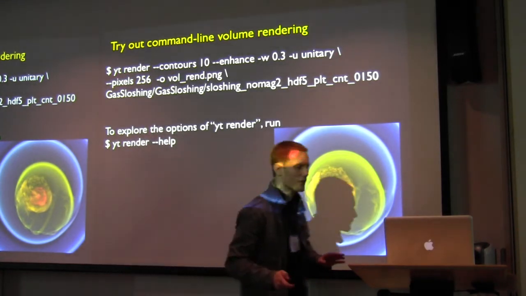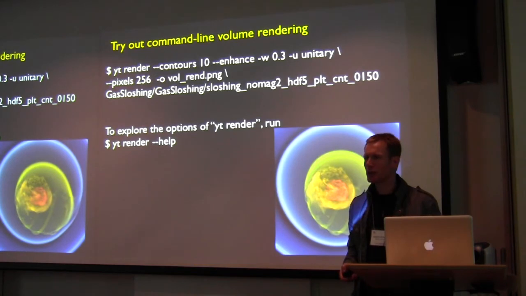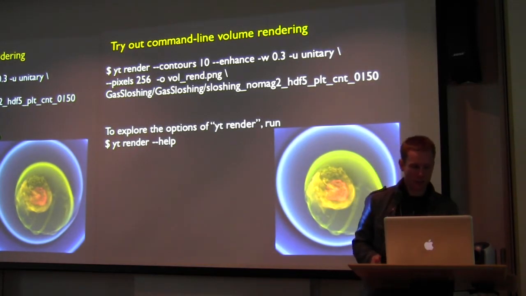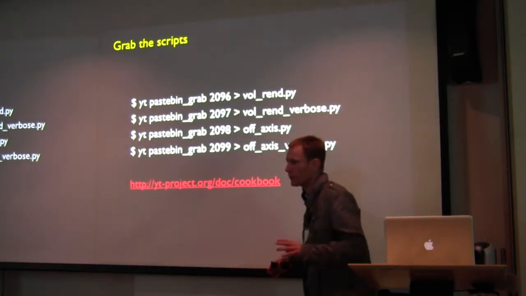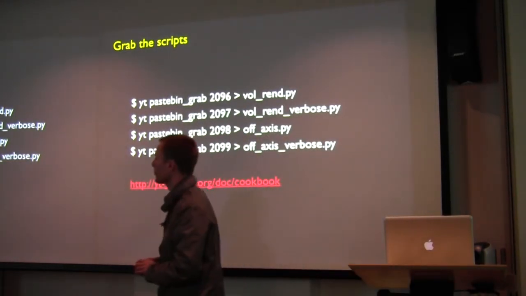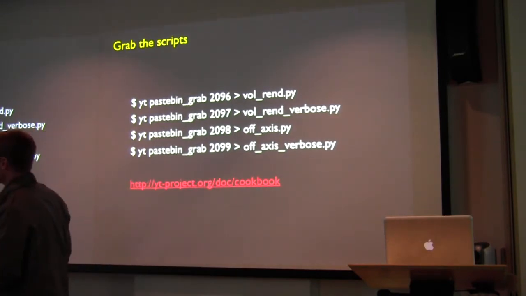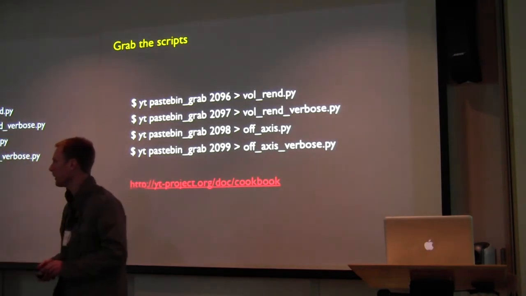But let's get past that. Let's get into some actual scripts, because you're not going to be doing stuff for publications at the command line. You want to do some scripts so you can save it. All right. So for the scripts, I need you to grab a couple of things using the YT pastebin grab command. These various different pastebins. And then I'm just having you pipe them into individual Python scripts.